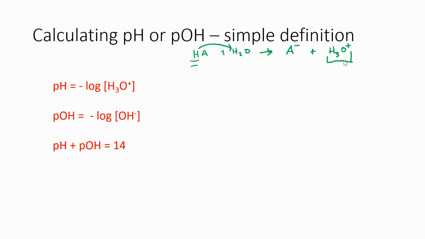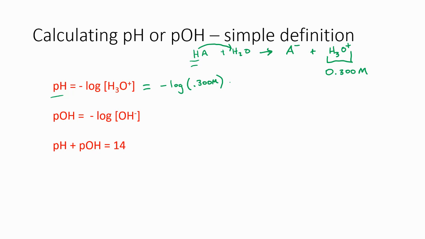Okay. And so let's say we have an acid that produces, I don't know, 0.300 molar H3O plus. And I asked you to find the pH of that particular solution. The definition of pH is the negative log of the concentration of H3O plus. So in this particular case, I would say the negative log of 0.300 molar.